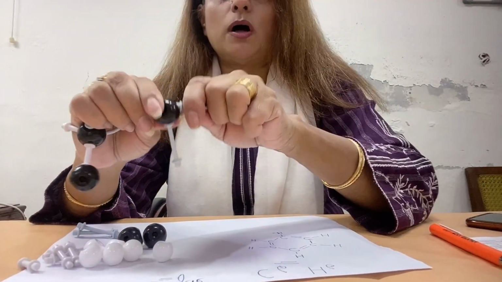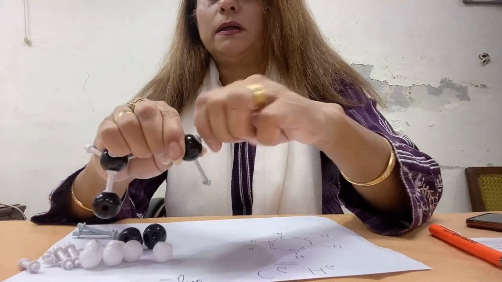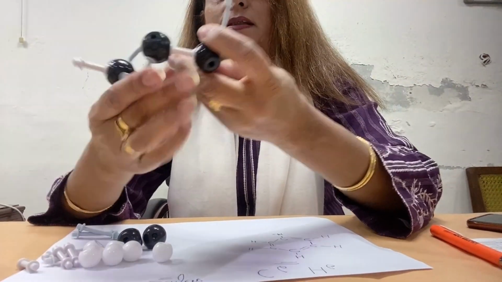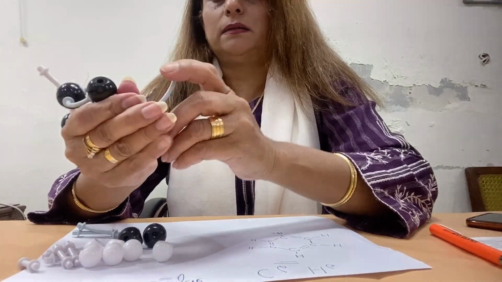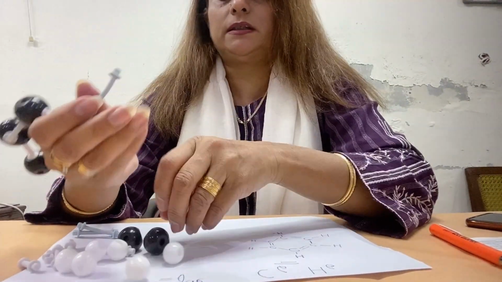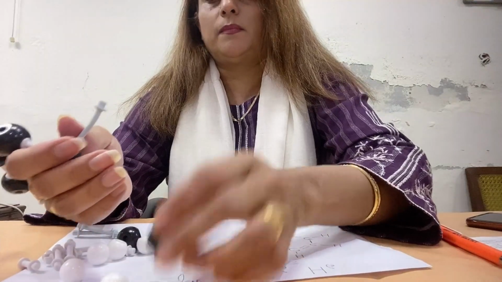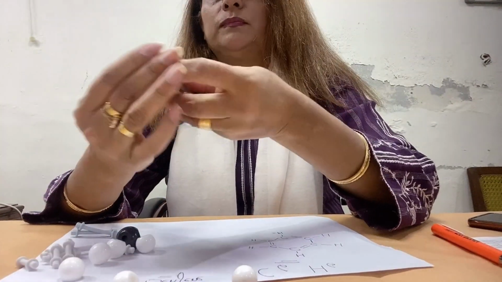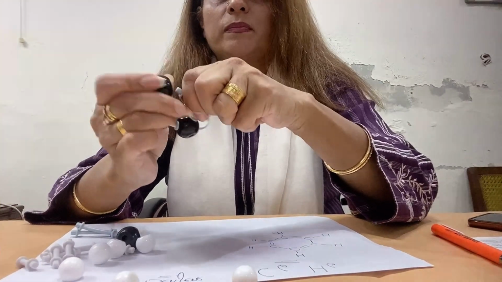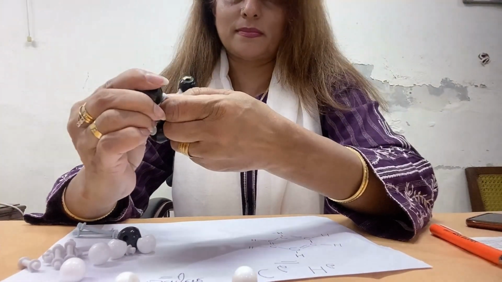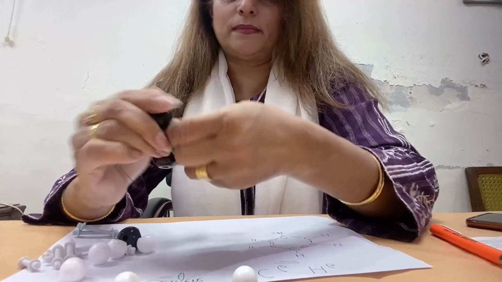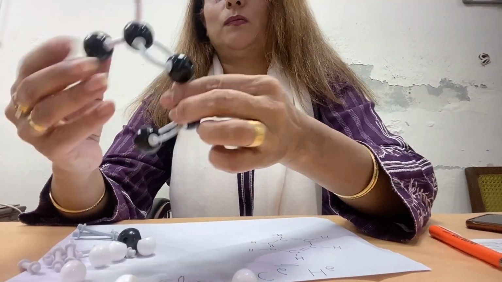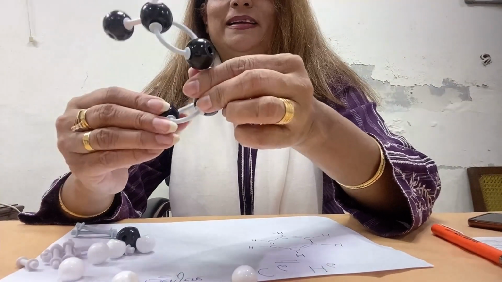As it has the alternate double bonds, the benzene molecule, the benzene ring, C6H6, you need to connect it. Second alternate double bond. Wow, it looks so beautiful.